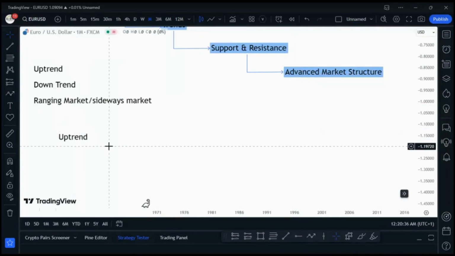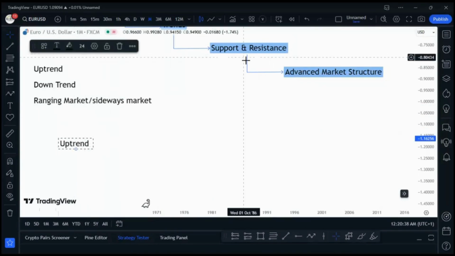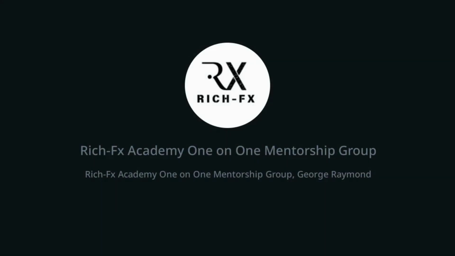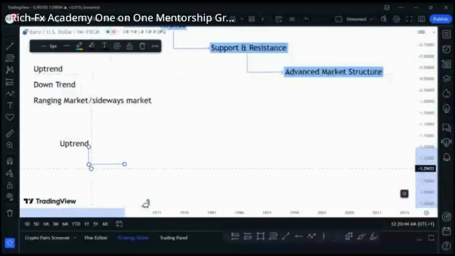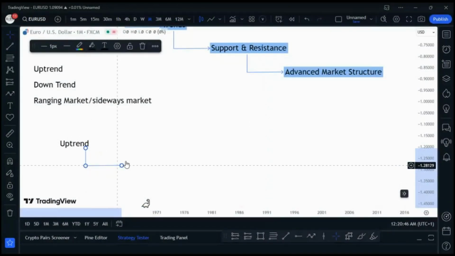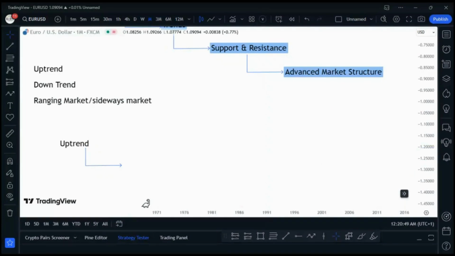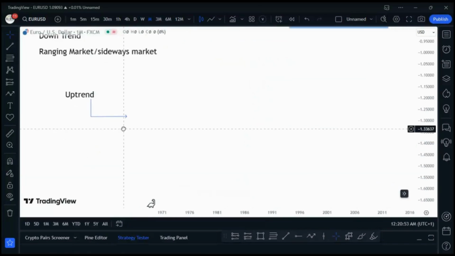Now, how does the uptrend market look? I know you must have been staring at a chart, and you might not really understand how these things look. I'll be explaining it to you today. So the uptrend market, this is how it looks.